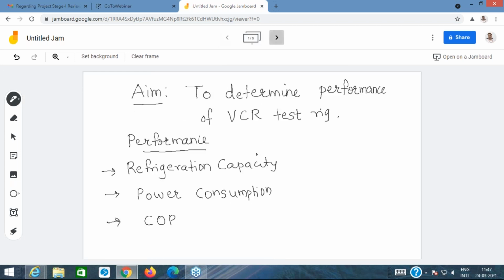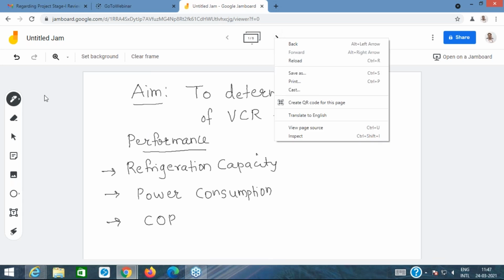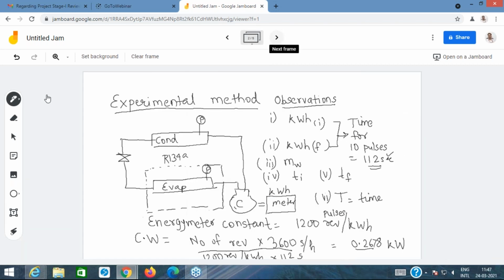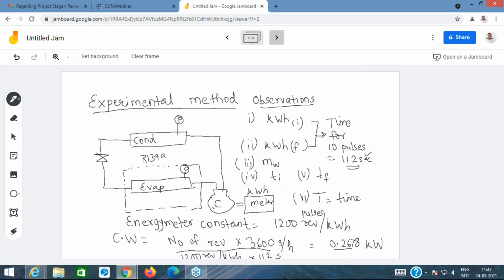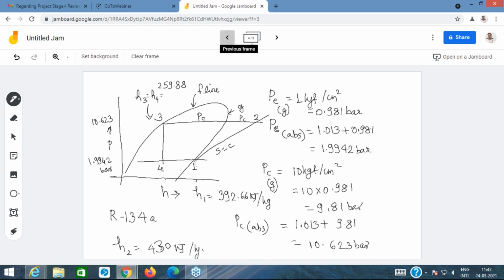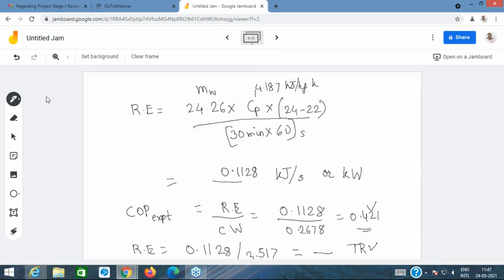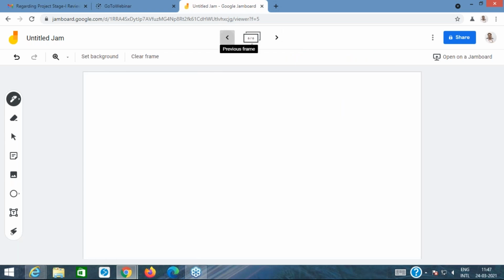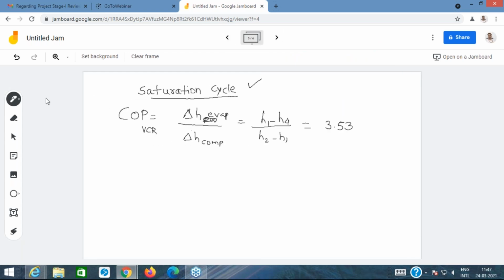That COP is 0.421 experimentally. And now, by assuming it as a saturation cycle, you have got the COP as 3.52.